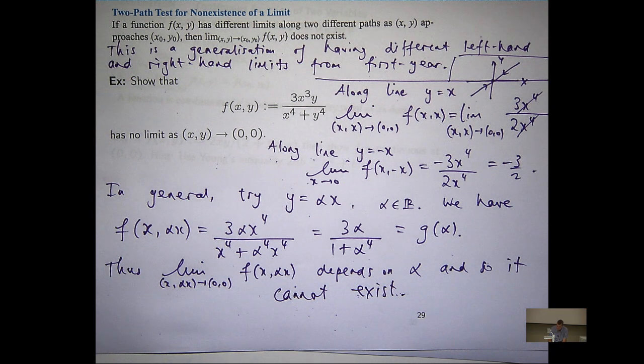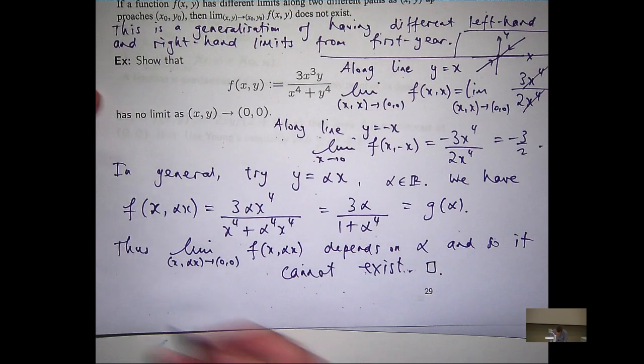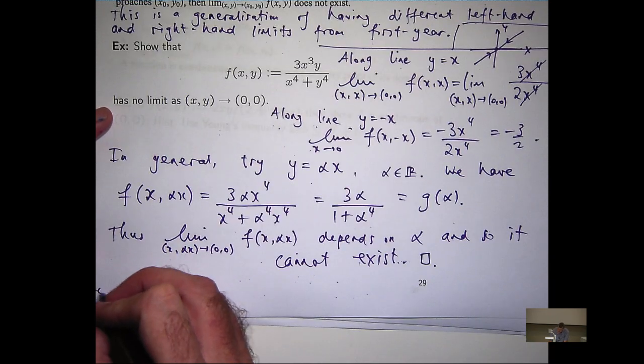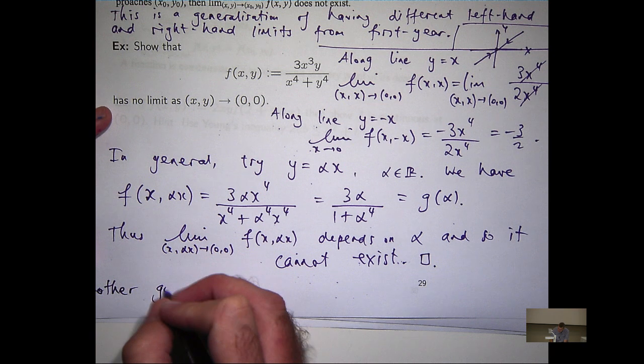Now, you may get problems where even if you put in y equals alpha x, it still doesn't give you what you want. So what's another simple path when you're approaching the origin? A parabola. Y equals alpha x squared. Another good curve.